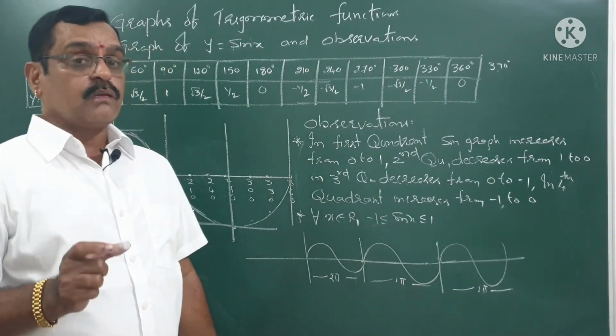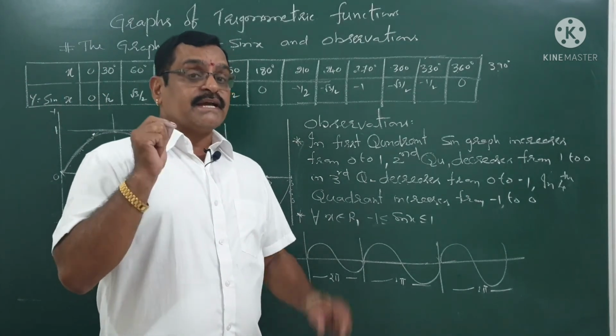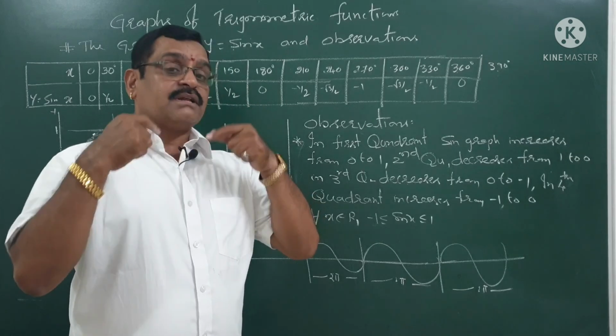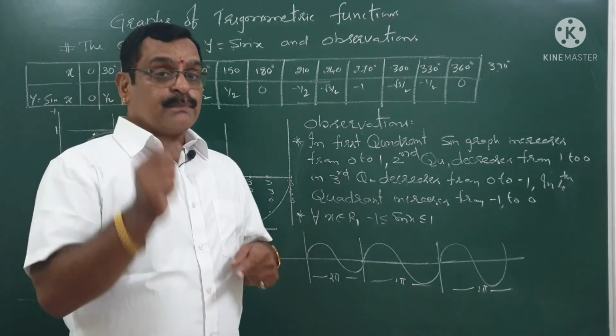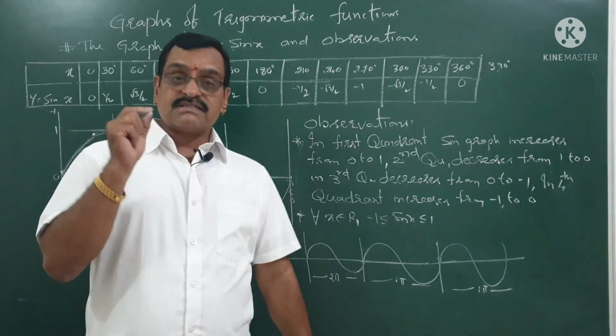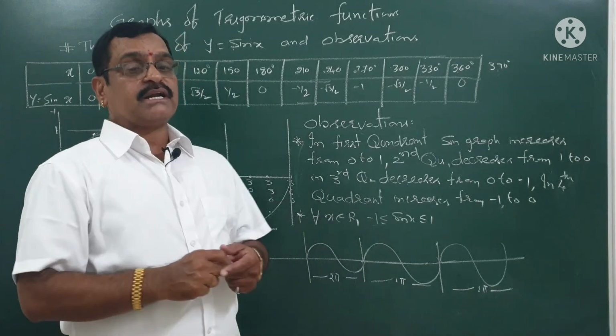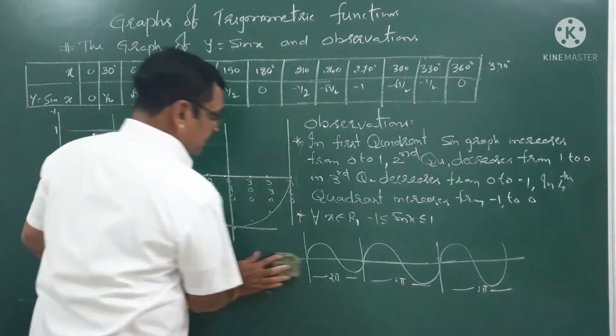So, this is called the period of the graph. In the interval of 2 pi radians, the sine graph repeats again and again. So, the sine function is a periodic function and its period is 2 pi.